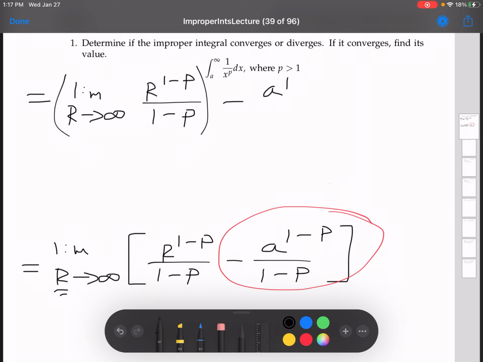We have a to the 1 minus p over 1 minus p.